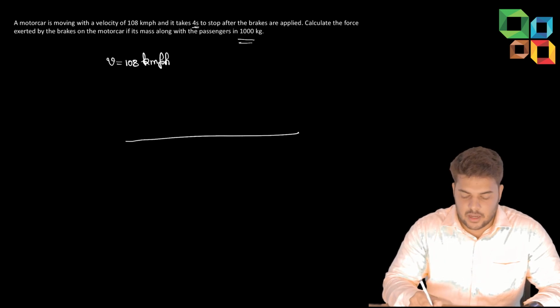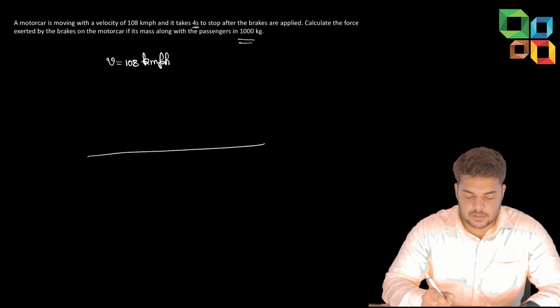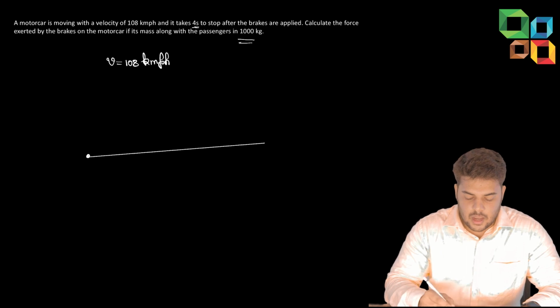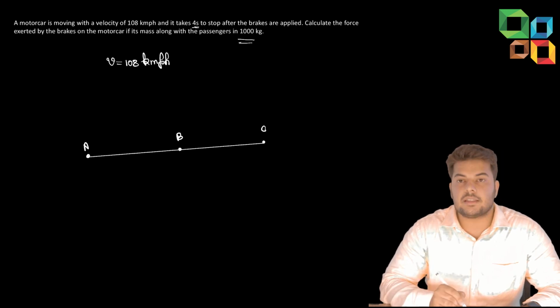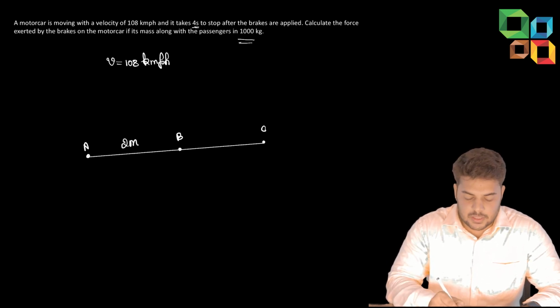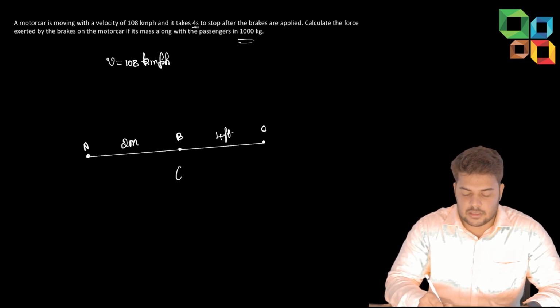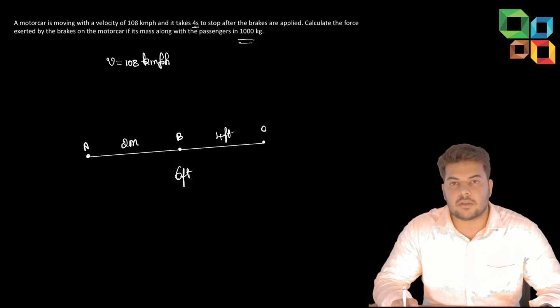Because if I asked you to measure the length of a certain object and you measure the length in parts, let's say you measure the length of the rod AC in parts, you said, okay, this was 2 meter and this length here was 4 feet, so the total length is 6 feet or 6 meter. That does not make sense.